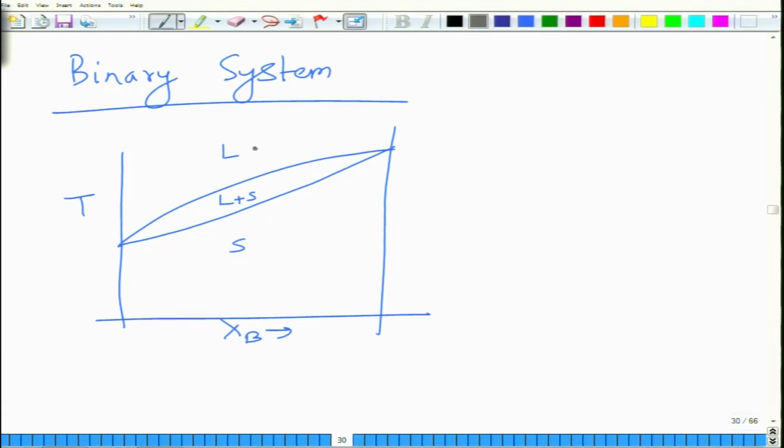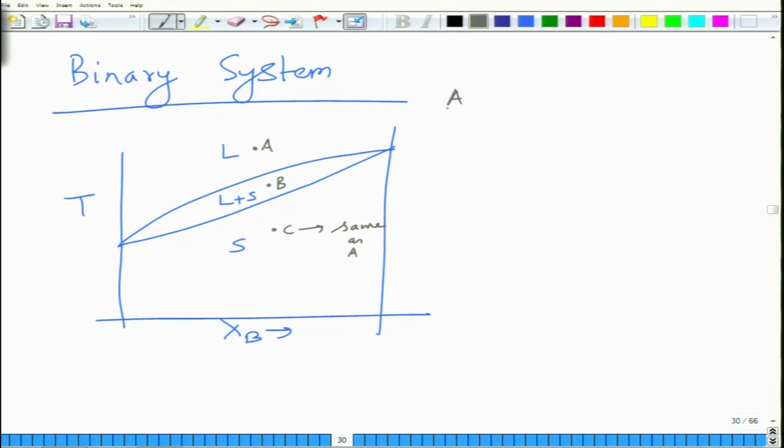If you look at point A, point B and point C, we only look at point A and B because C is the same as A in terms of applying the phase rule.